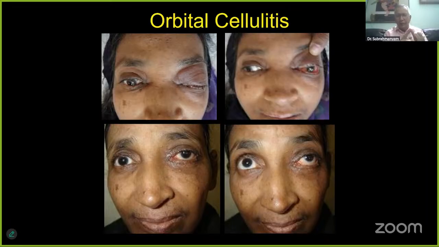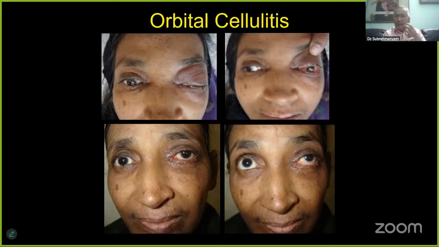If it is an orbital abscess, surgery is required to drain the abscess. It will not subside with systemic medical management or intravenous antibiotics. So if it is a cellulitis, it can respond to IV antibiotics and surgery may not be needed.